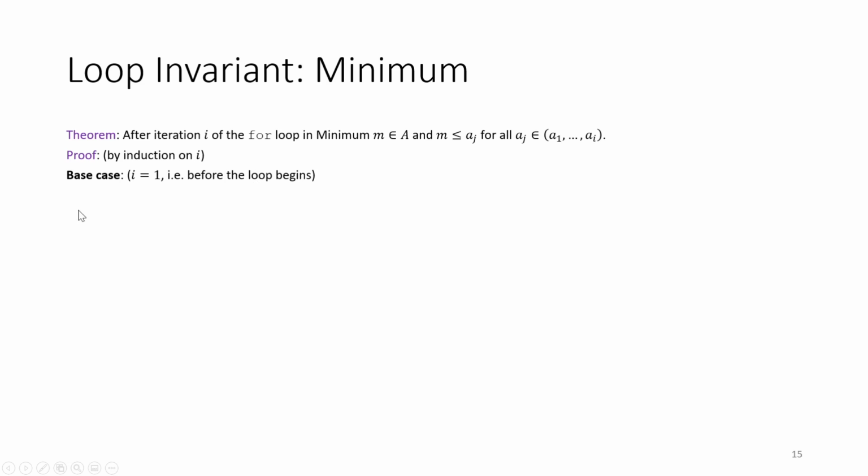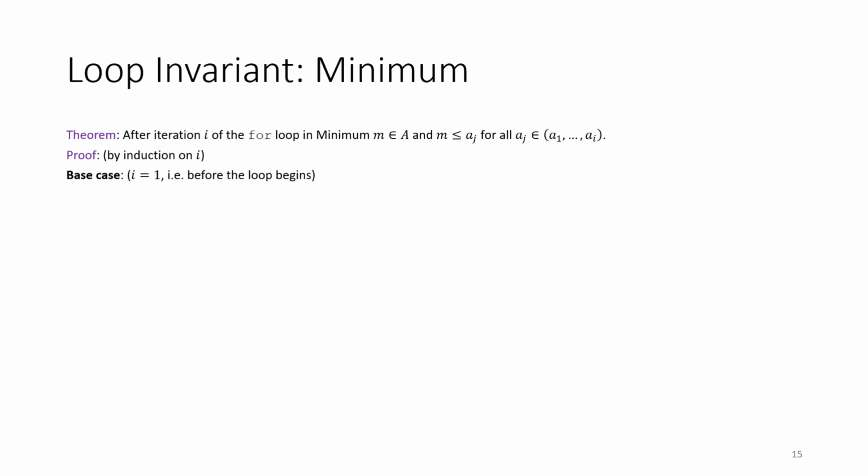Okay, so what is my base case? I've decided for the base case to be i equals 1. Now, if you've got the code in front of you, I don't want to flip back to it, but in the code, we started our for loop at i equals 2. And again, this is a common way to run a minimum algorithm.